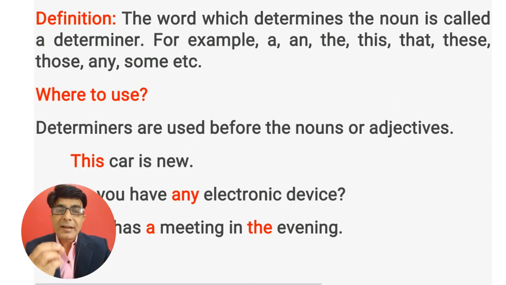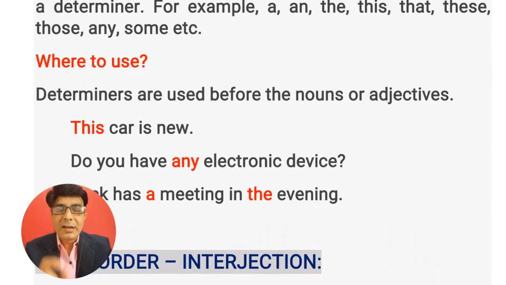And friends, these determiners are always used before the nouns or adjectives. For example, this car is new. Here the noun is car, and to give some more information we are using the word this, which is a determiner. This car is new.